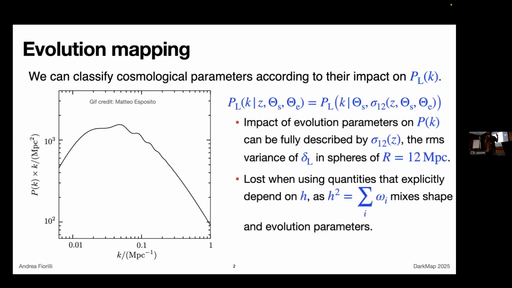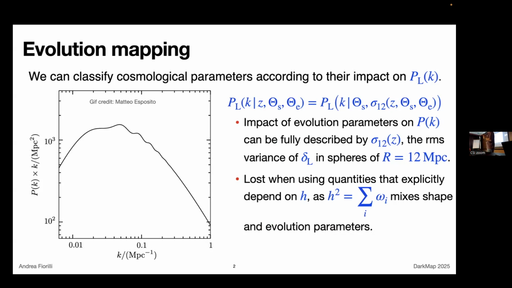And this is how sigma 12, this quantification of the clumpiness of the universe, was born, based on a scale which is a fixed number in megaparsec, not over h. This will give us a proxy time variable to characterize the clumpiness of our universe, the growth of structure, and thus see how the Halo mass function evolves with it.